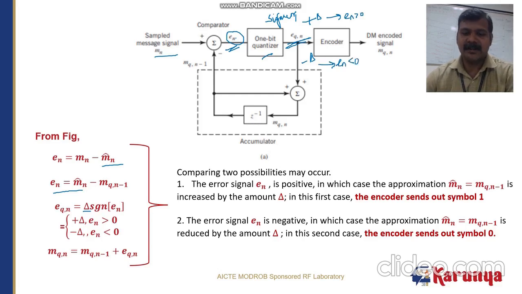On summarizing, comparing these two possibilities, we can come up with a decision. The first is the use of the error signal. If the error signal e[n] is positive, we will get the approximation m cap n equal to mq comma n minus 1, increased by the amount del.